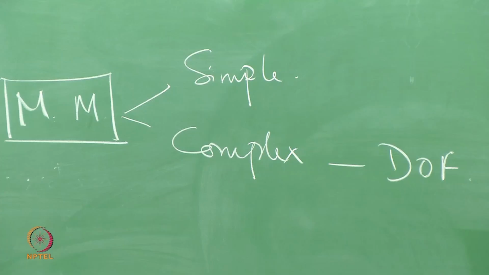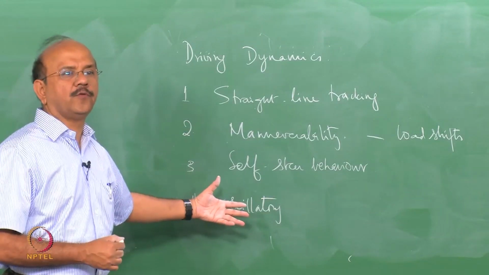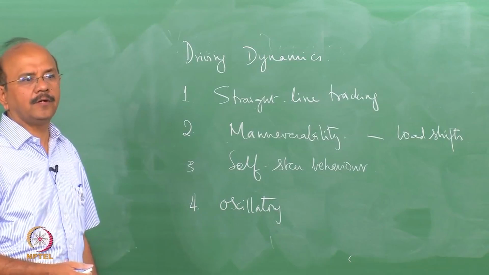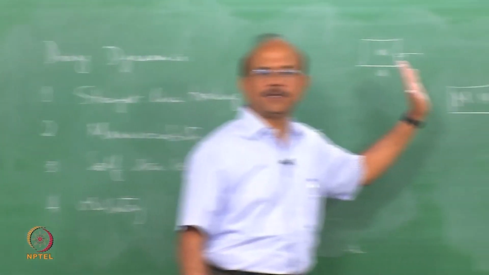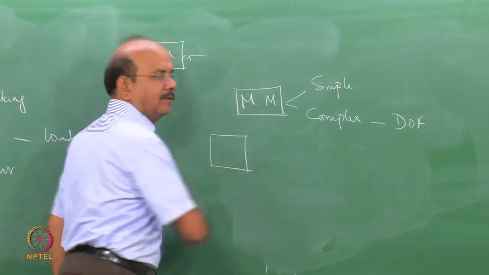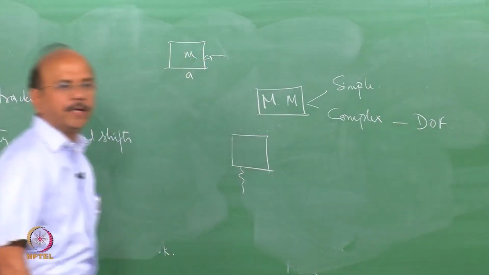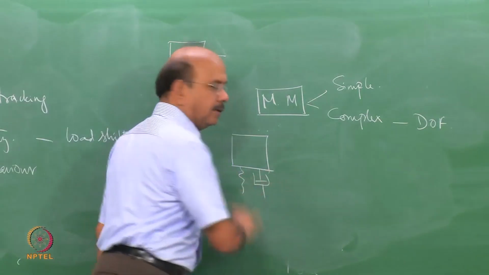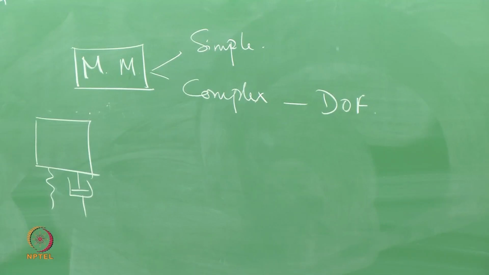So that's the reason why we look at driving dynamics. Suppose I want to look at oscillatory motion of the vehicle as it goes over a bump. You would immediately reject this, and you would go back to your vibration class and say, oh, this we had studied. That's the vehicle. Let me replace all your suspension by a spring. Let me replace the damping in the suspension system by a damper.